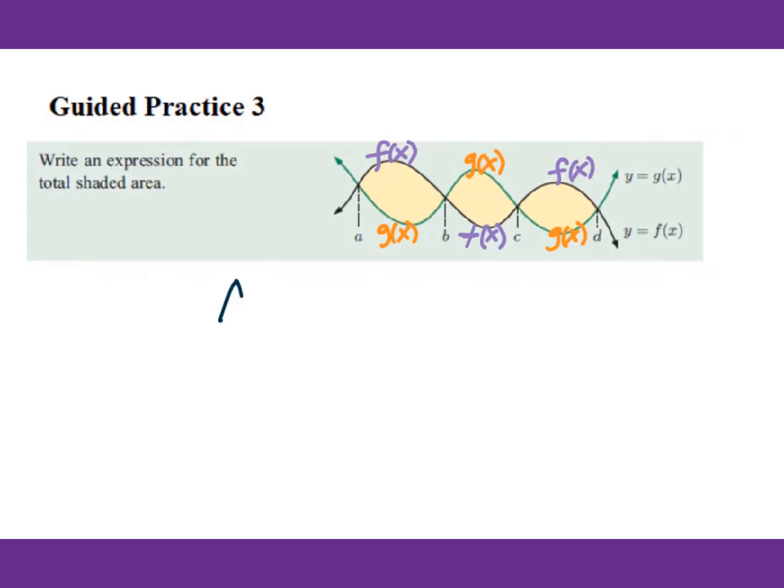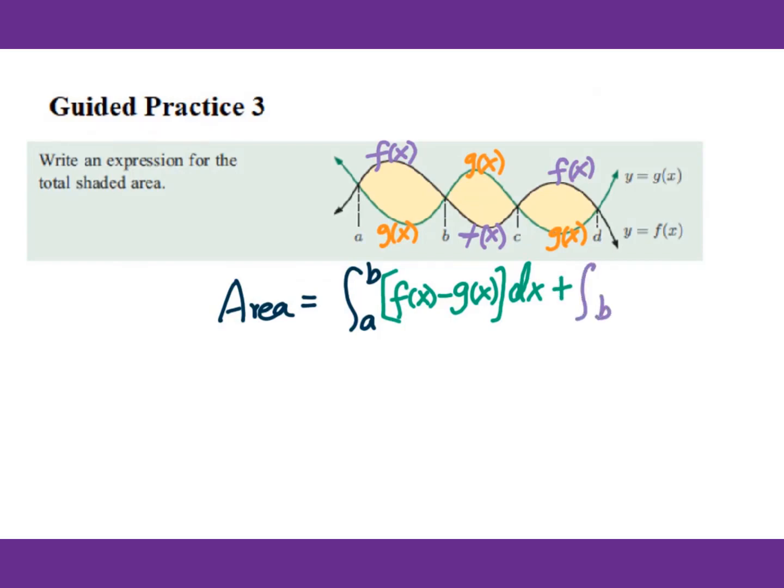Therefore, this area equals, for the interval a to b, f of x minus g of x. Then plus, from b to c, you have to do g of x minus f of x.